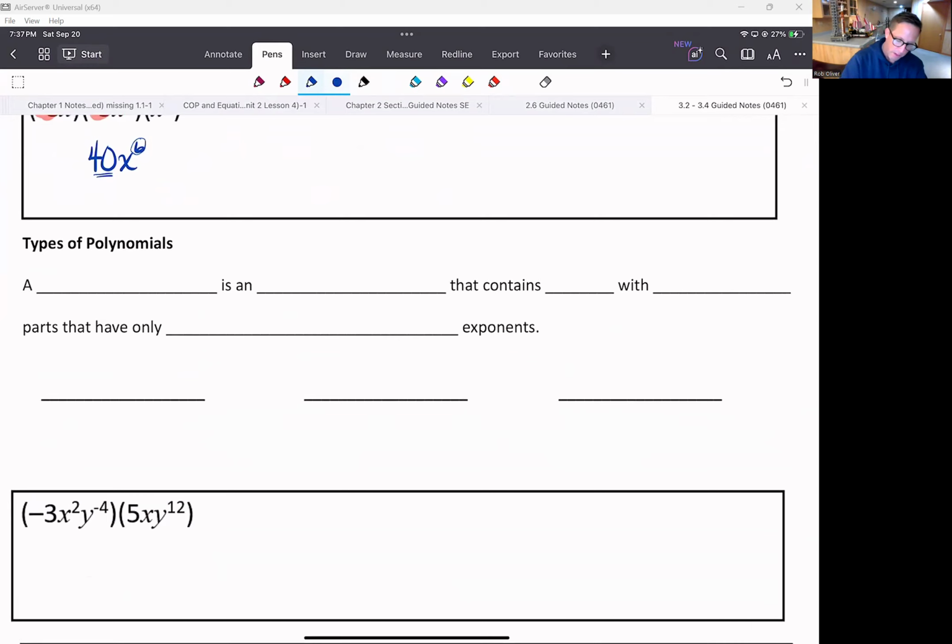So a polynomial. We're just kind of talking about vocab here.